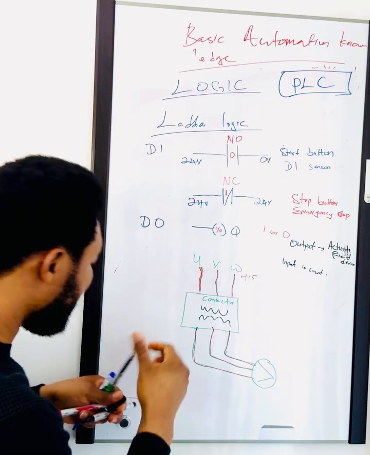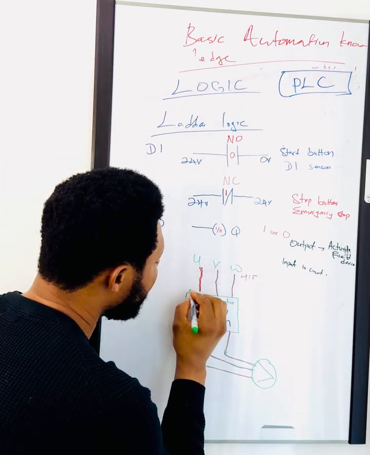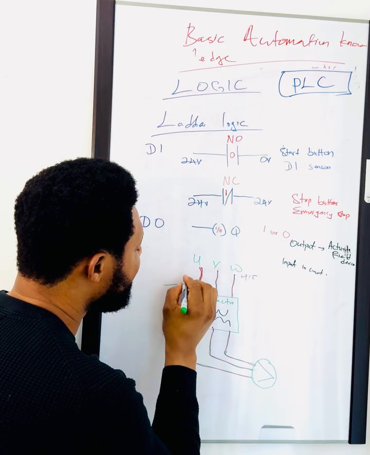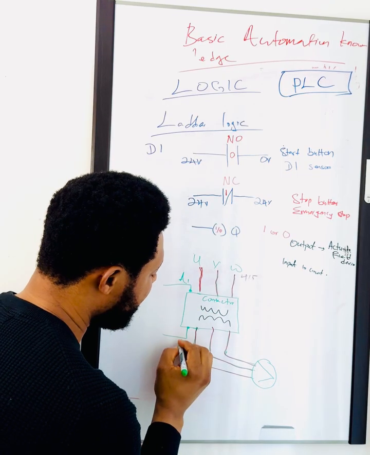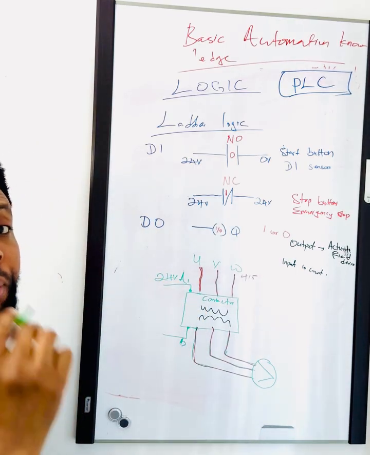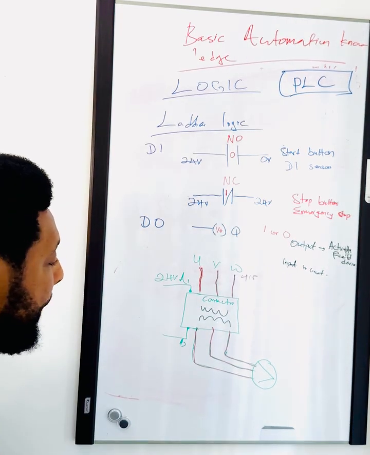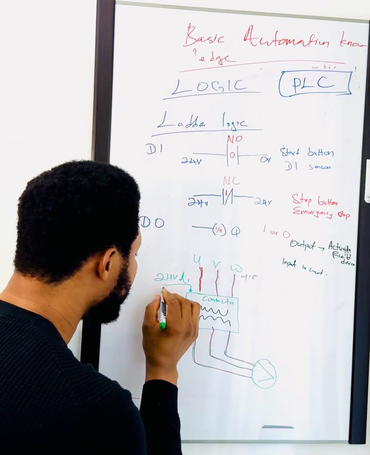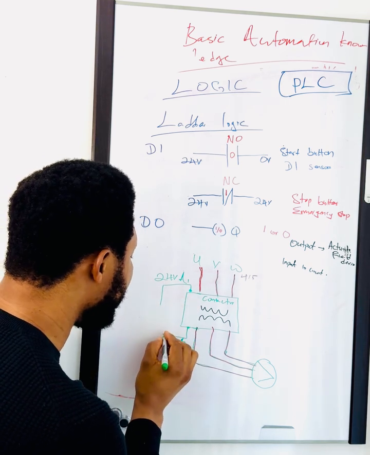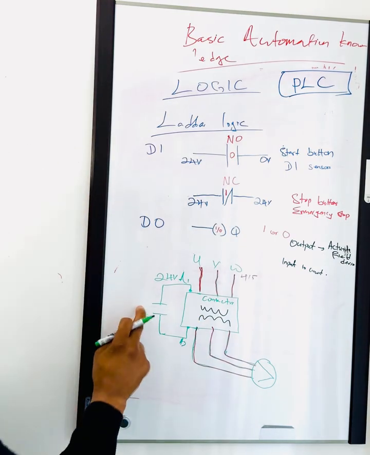So you are going to have auxiliary contact here and here, which we call the A1, the A2, usually 24 volts, right? This your auxiliary contact, when it closes, okay, perfect. So in this auxiliary contact, now this is your start button.